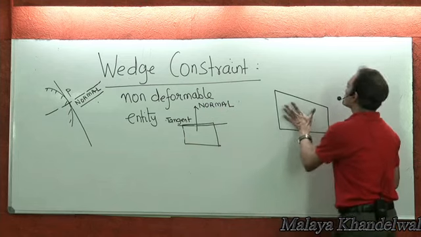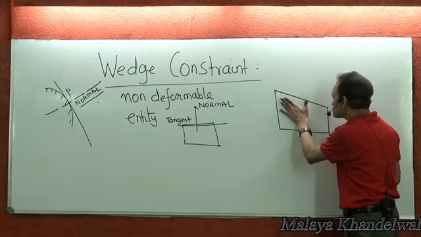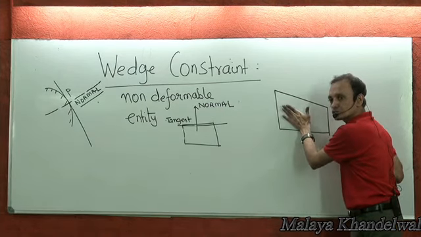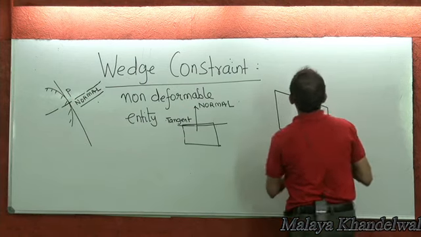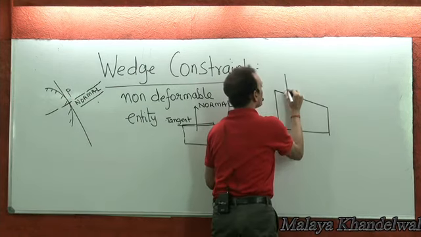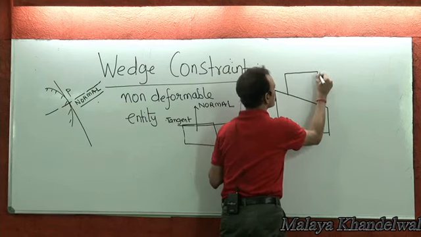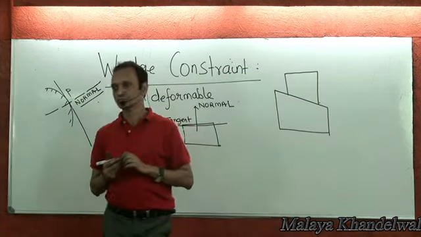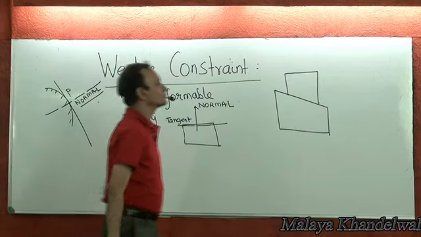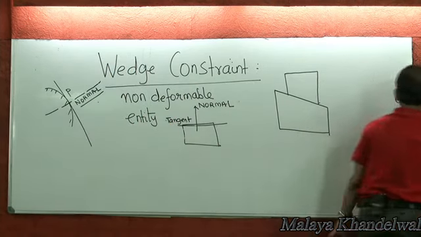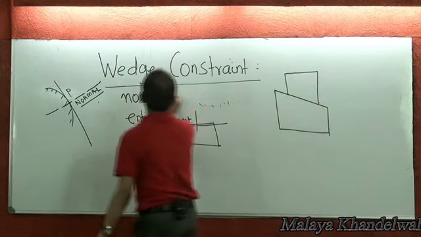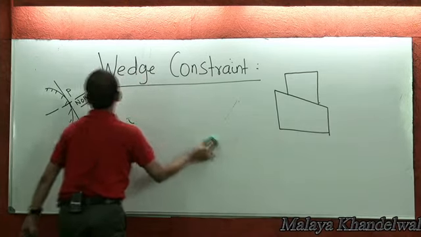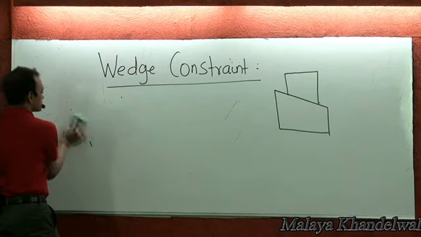Now, this is one surface. This is one wedge. And say it's in contact with another wedge. So this is another wedge. Now one thing from very simple considerations.